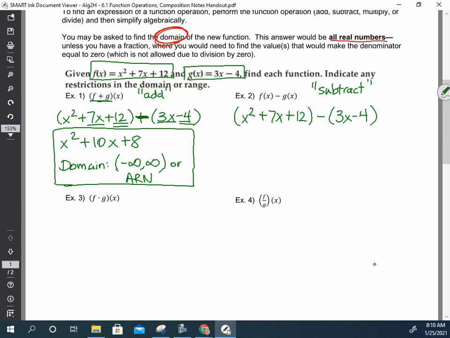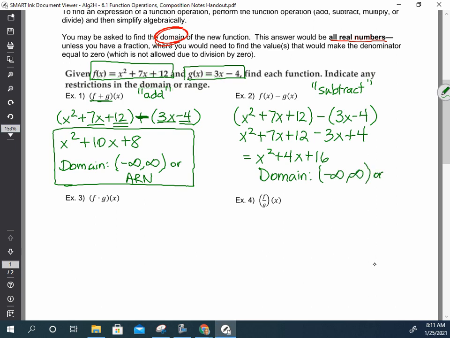Remember, when you subtract functions, keep the first function, take the opposite of the second function, and then combine your like terms. So everything is combined and simplified there. Again, you don't have a fraction. So your domain, negative infinity, positive infinity, or all real numbers.